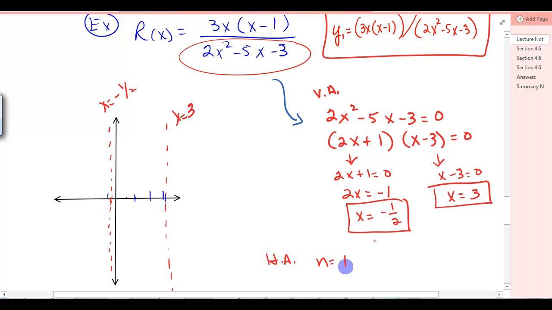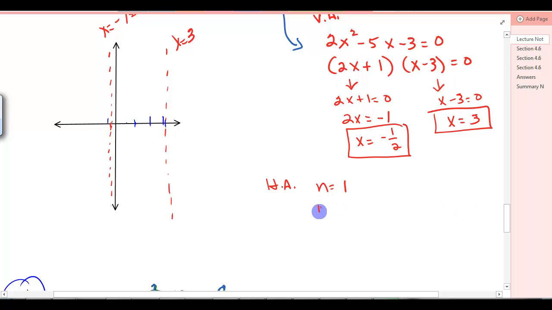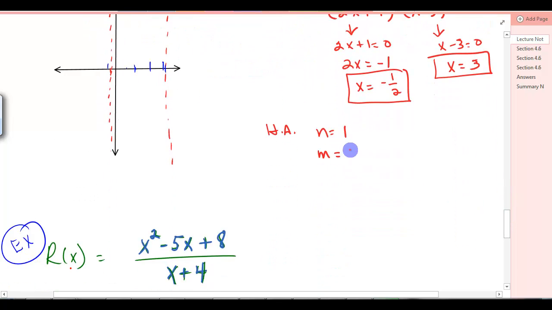So n equals 1, and m, the degree of the bottom, was x squared, so that's 2. So n is less than m, so y equals 0 is that one. And so it's going to be right on the x-axis. So we'll just put a dotted line around there. So those are our boundaries.